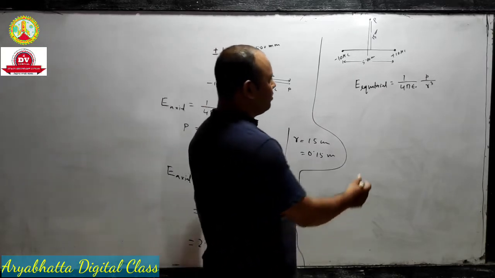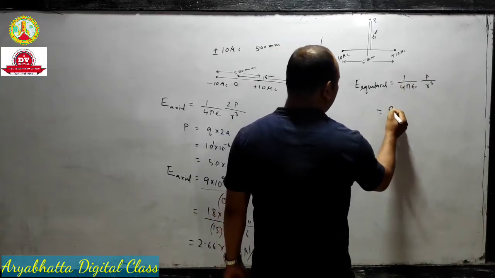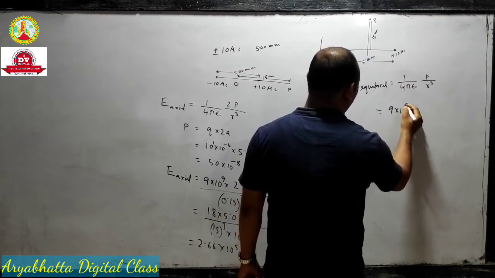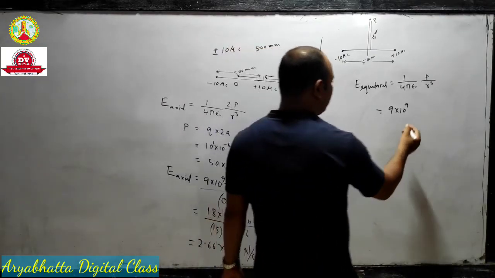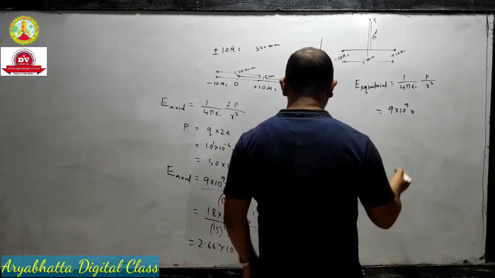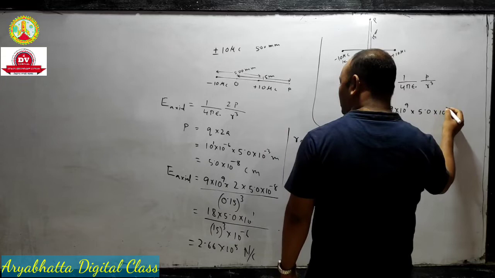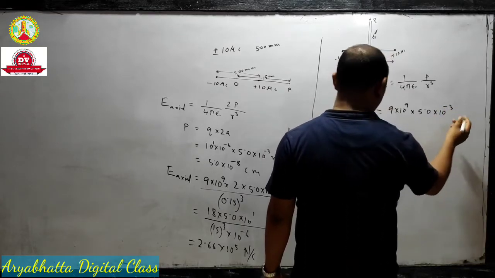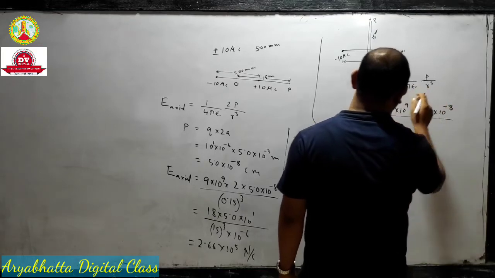So the answer will be, in place of 1 by 4 pi epsilon naught, we can take 9 into 10 to the power 9. And the value of P is 5.0 into 10 to the power minus 8, divided by R cube.